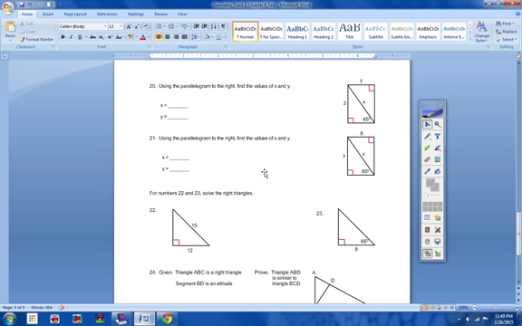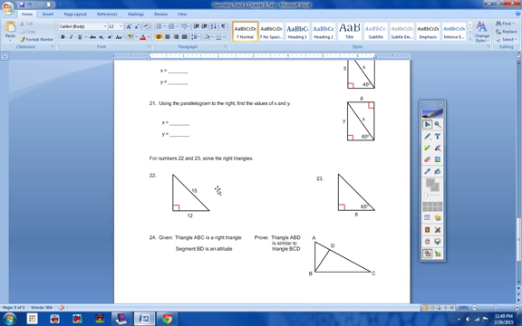Alright, moving on. For numbers 22 and 23, solve the right triangles. So now, here's what I did, Matthew. You say, Mr. Erhard, there's no blanks for my answer. That's okay. On your test, when you find this angle right here, let's say it's 40 degrees, then put 40 degrees right here in the triangle. Let's say when you solve for this angle here, it's 30 degrees, put 30 degrees right here.